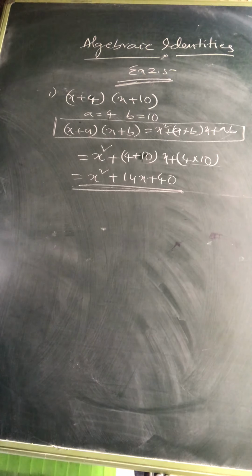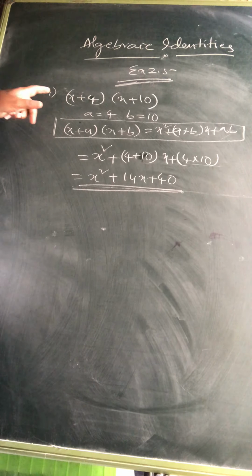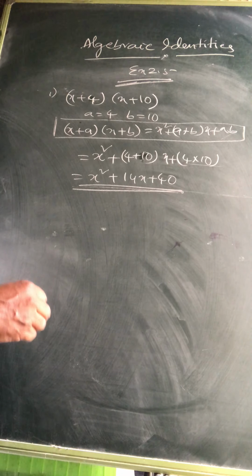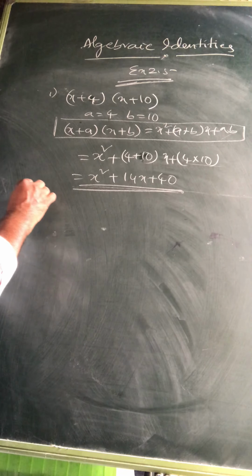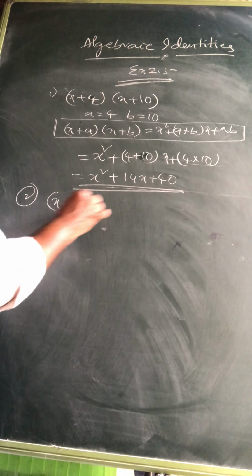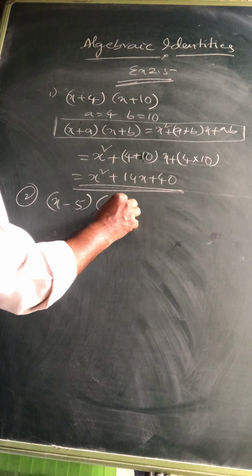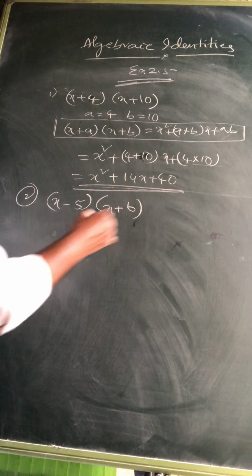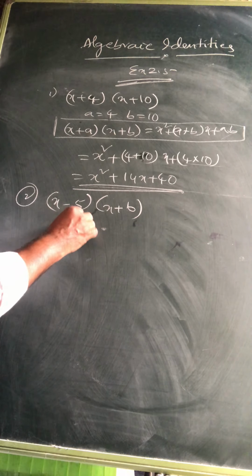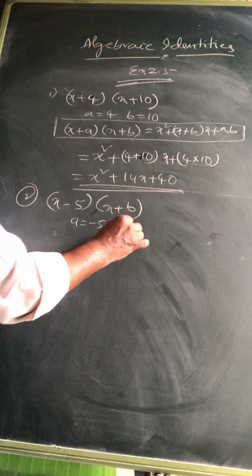This is the product. Here we used only the identity to find the product, not the actual calculation. Like this, we are able to do many problems. For example, now (x − 5)(x + 6). Here x is x only, a is −5, b is 6.